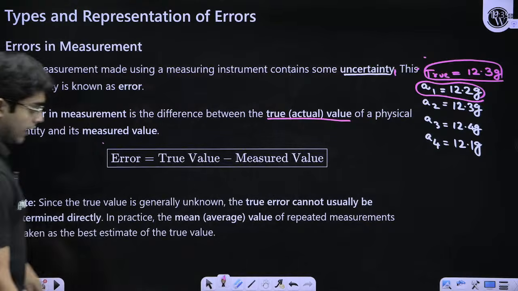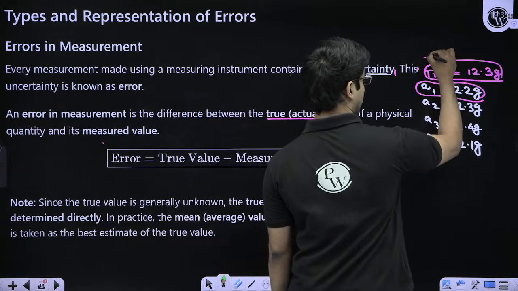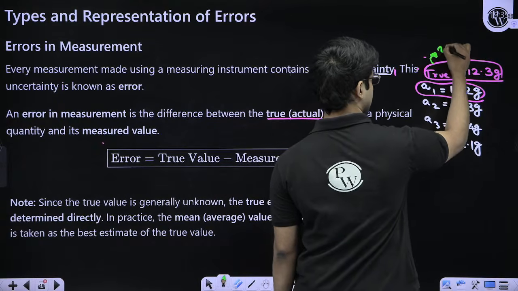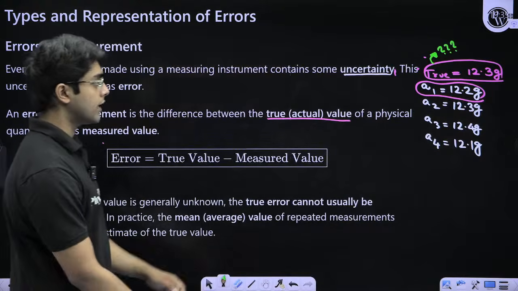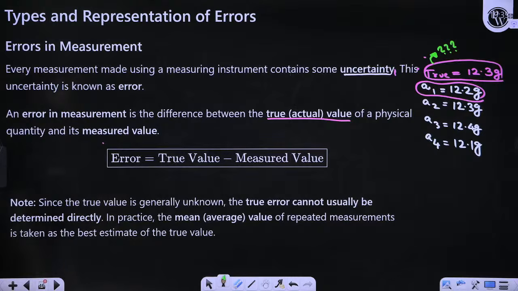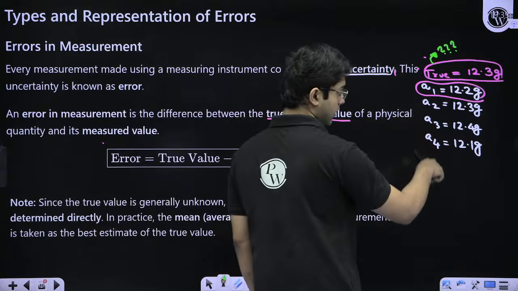Another thing is, how do we get the true value? We just mentioned that the true value is 12.3, but how do we get that? The answer is, there is no way to clearly find out the true value. It's just that we have to take multiple readings.